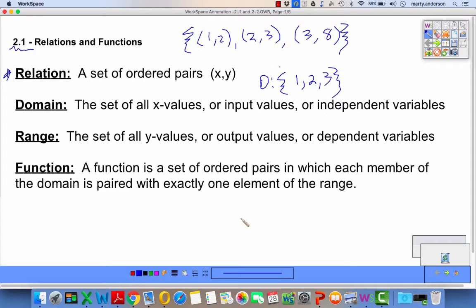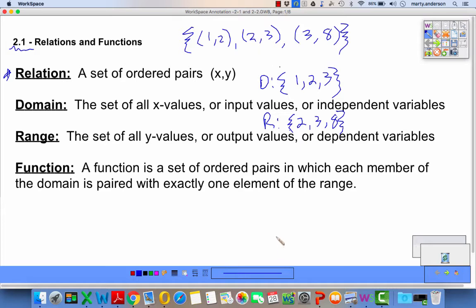Sometimes we'll do it in interval notation as we continue. The range, set of all y values, output values, or dependent variables. My range is going to be 2, 3, and 8 for the example that I have of my very small relation.